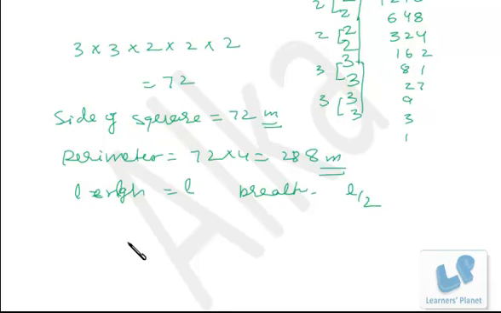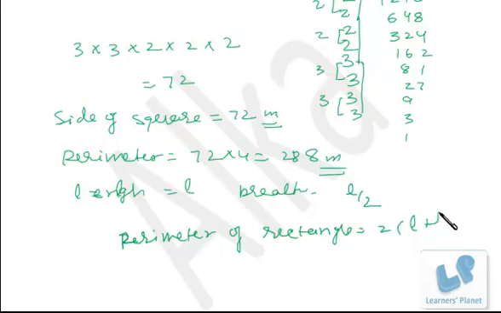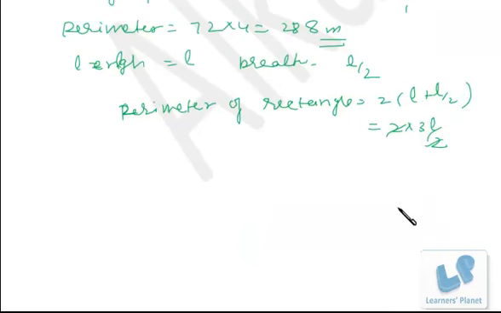So the perimeter of the rectangle is 2 times L plus L by 2. So 2 times 3L by 2, that means 3L. And this 3L is equal to 288 because the perimeter of the square and the rectangle is the same.